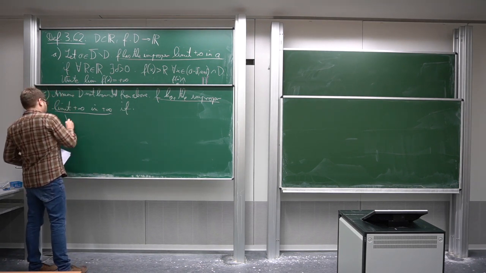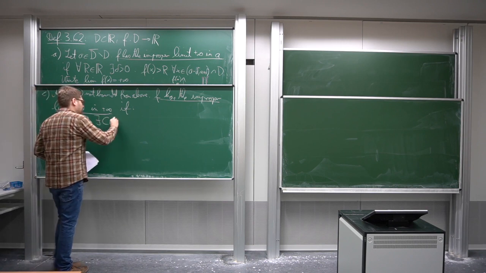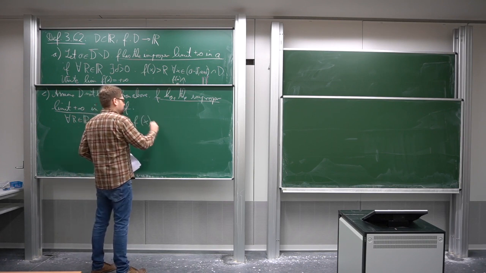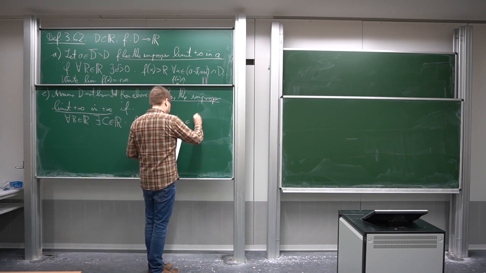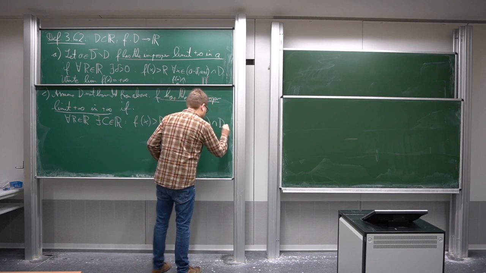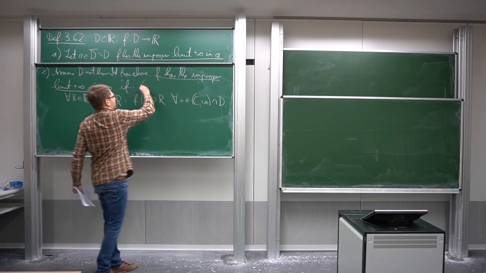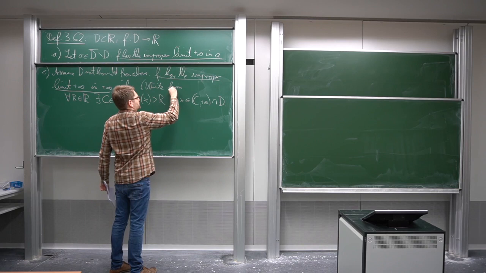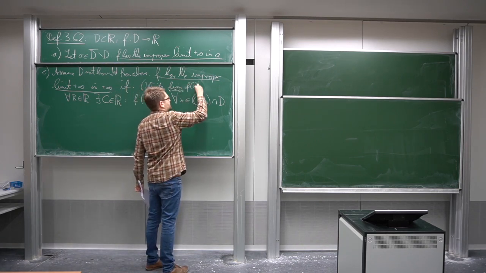Namely the following way: for all r in R, there exists a real value c in R, such that f of x is bigger than r whenever x is bigger than c, so for all x in c to plus infinity intersected with d. And in this case, we write the limit of x going to plus infinity of f of x is plus infinity.